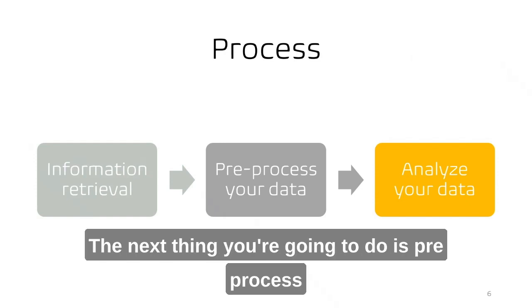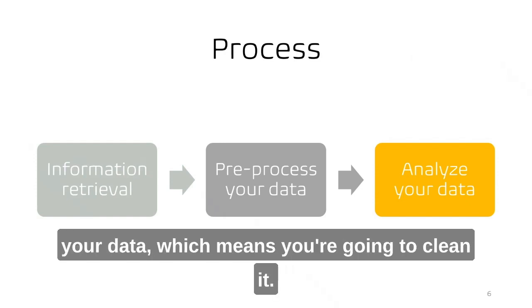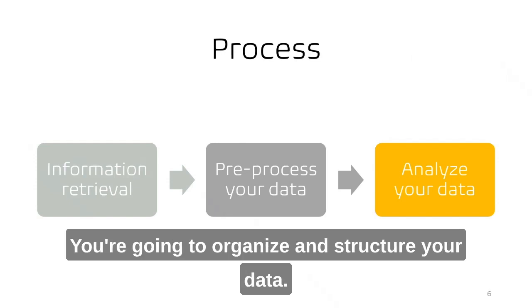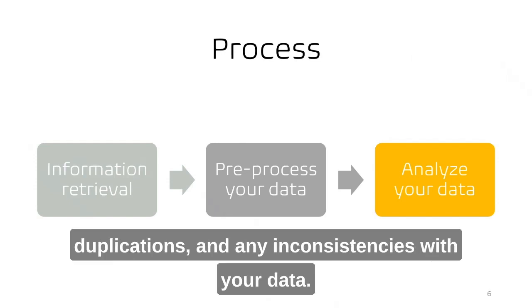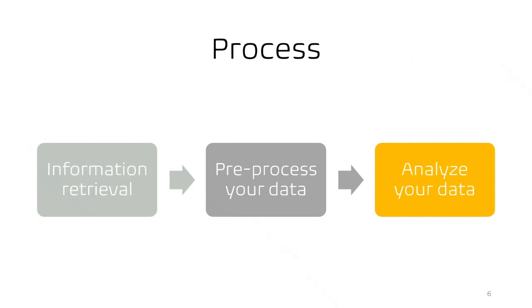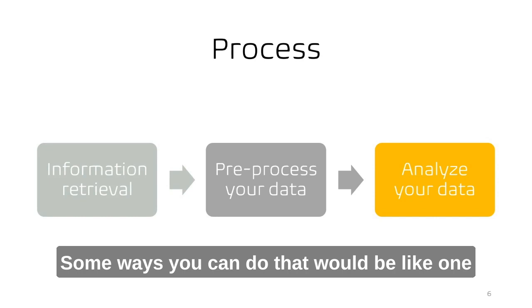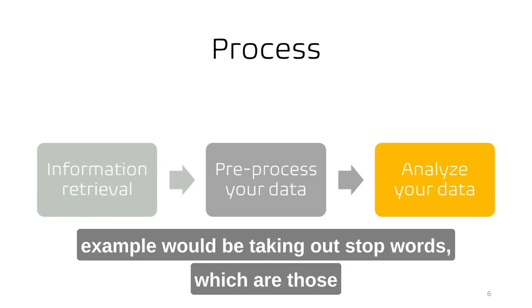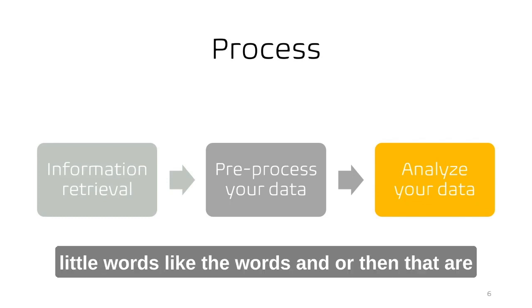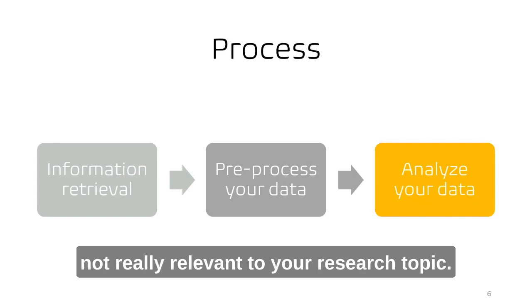The next thing you're going to do is pre-process your data, which means you're going to clean it, and organize and structure your data. You want to take out any noise, duplications, and any inconsistencies. One example would be taking out stop words, which are those little words like the, and, or then, that are not really relevant to your research topic.